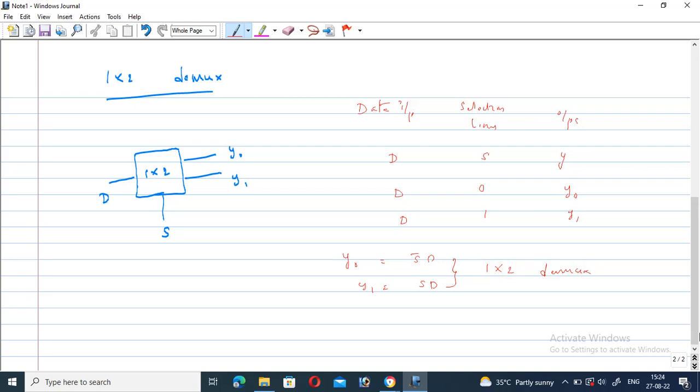If we take the same scenario for the 1 by 4 demultiplexer, we have a data input, selection lines, and outputs.